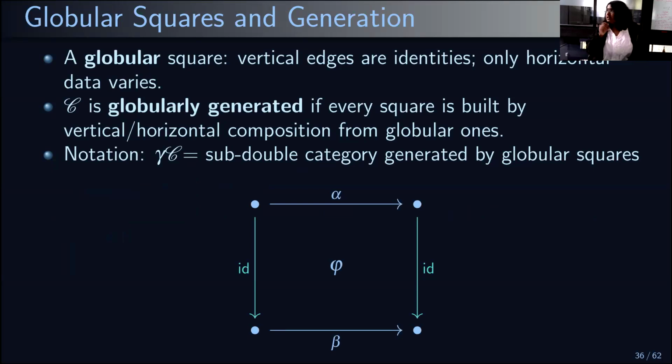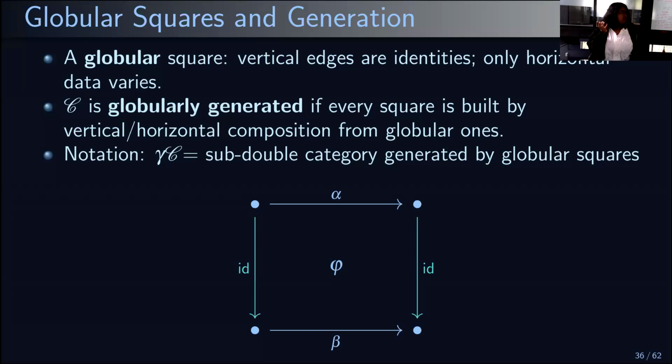But in order to understand that, first we need to talk about what a globular square is. In the most elementary sense, a globular square is a commutative diagram where the vertical morphisms are just the identity and the horizontal morphisms can be anything. So you can notice that only the horizontal data varies and the vertical data stays the same.